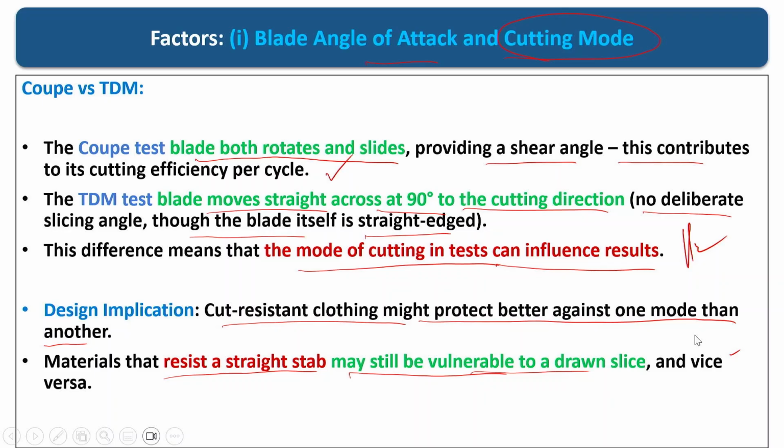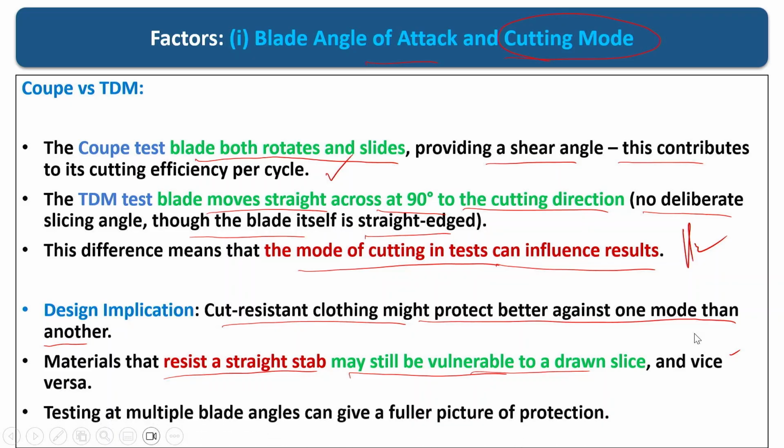So, type of attack, angle of attack or cut mode is very important. Testing at multiple blade angles can give a full picture of protection. In normal testing, we test at a particular straight angle, but if we test at multiple blade angles, that will give us the complete picture.